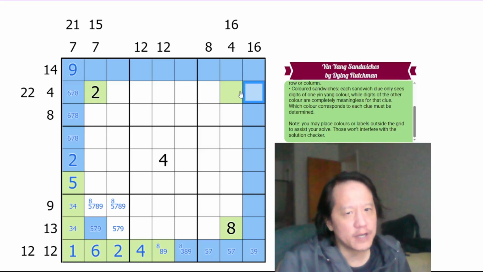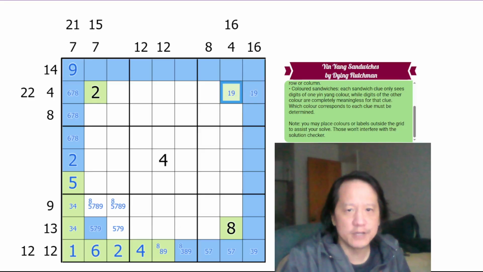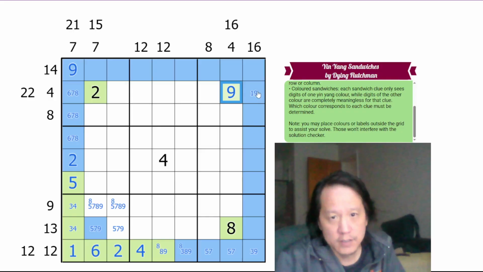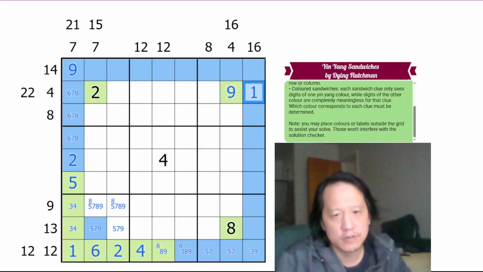Because we have 1 and 9, Garrett. Yeah, 1 and 9 cannot be either of these. So this has to be a 1-9 pair, right? And then these two. So this is a 1-9 pair. If this is 1, obviously that doesn't really work. So this would have to be 9, which would force this to be 1, right?